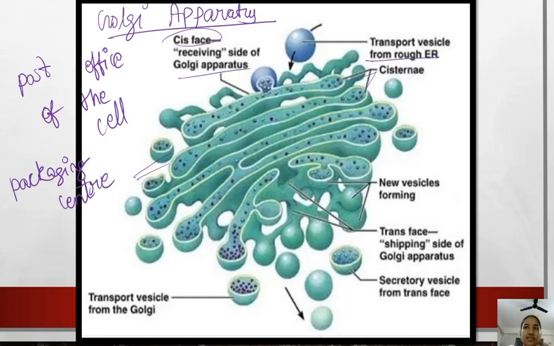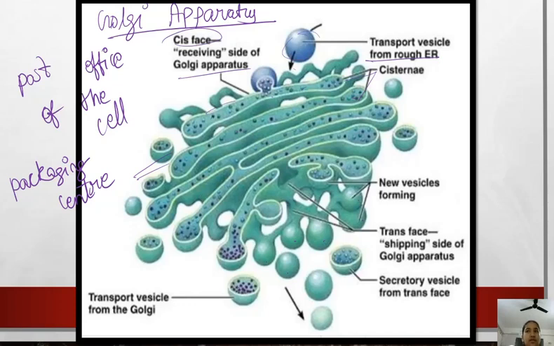And they release them in the form of vesicles. You see, these are the vesicles, they are just forming. Secretory vesicles leave from the trans face. The trans face is the shipping side of the Golgi apparatus. Shipping means the removal of transport vesicles from the Golgi. So these vesicles come over here with some synthesized proteins.